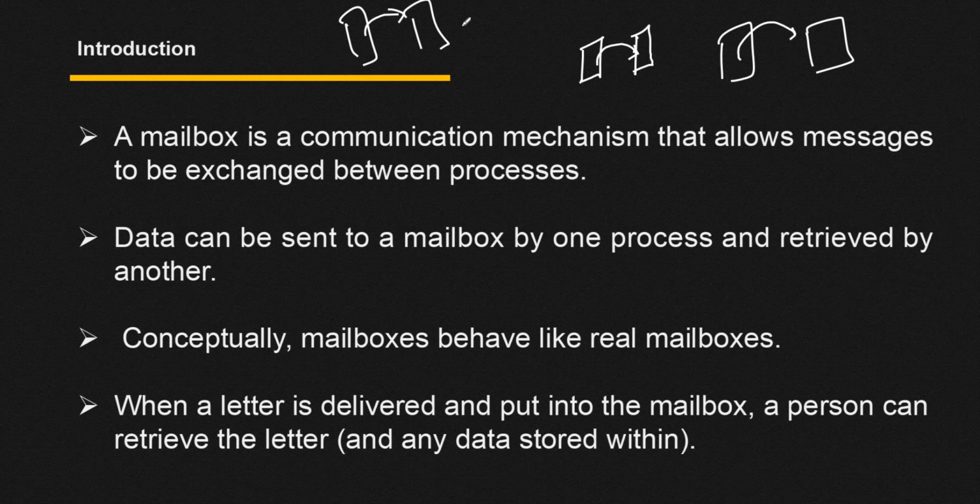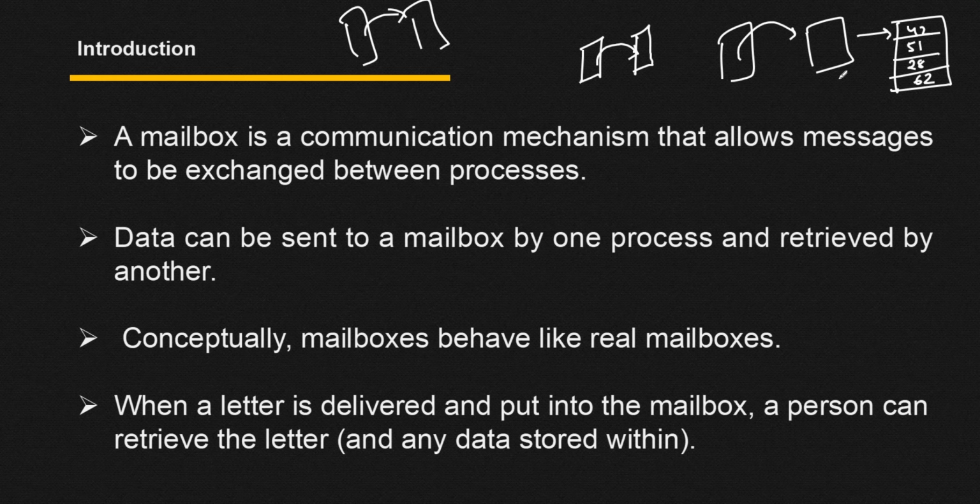Now see, there is one difference between an actual post box and a mailbox. In a mailbox, each piece of data is received in FIFO order. What I mean to say is, suppose this is your mailbox and inside it you have written multiple data. Here you have written 42, here 51, here 28 and here 62.